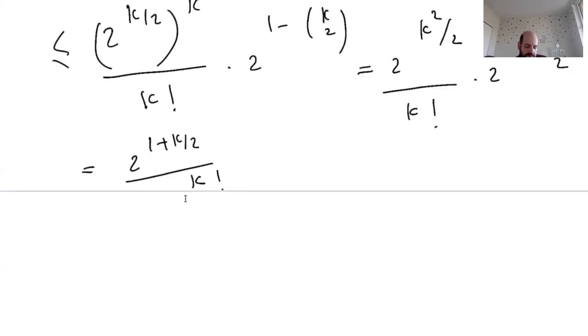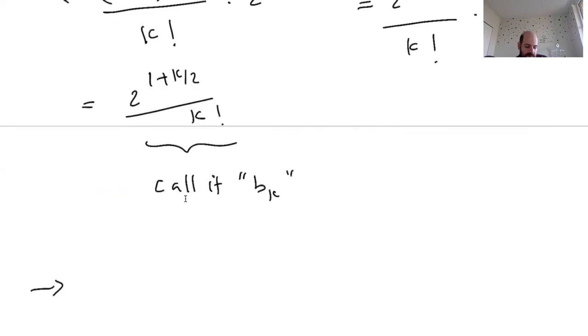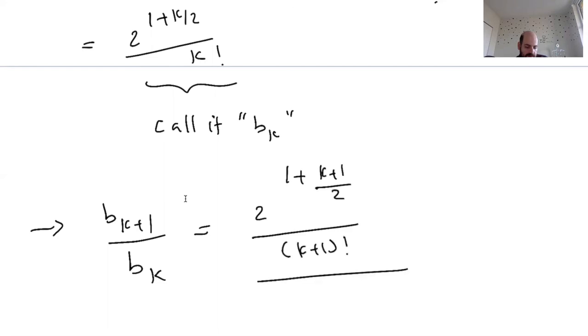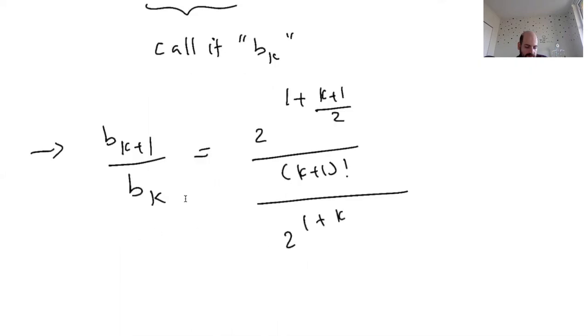Now, if I call this number bk, then I can say that bk plus 1 over bk is how much? bk plus 1 over bk is 2 to the power 1 plus k plus 1 over 2, divided by k plus 1 factorial, divided by 2 to the power 1 plus k over 2, divided by k factorial.